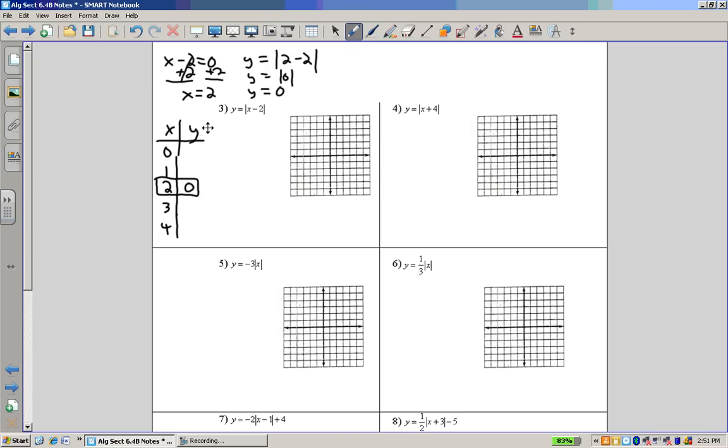And then we're just going to plug these in. So y equals absolute value of something minus 2. Let's see what that is. Plug in a 0. 0 minus 2 is negative 2. The absolute value of negative 2 is 2.